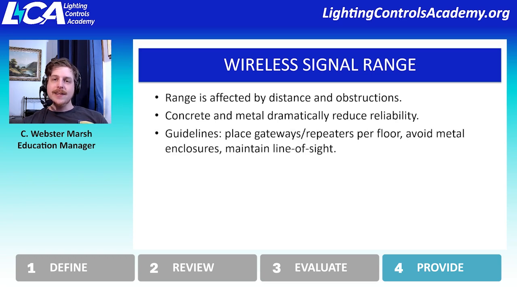But there are a lot of guidelines out there when it comes to how you want to mount stuff, where you want to mount stuff, how far away things are. Manufacturers are more than happy to help walk you through what the project might need for communication. And one of the nice things about wireless is if communications is a little bit flimsy and you didn't realize it, you might need to add another gateway, but adding another gateway might not be as significant of a cost.